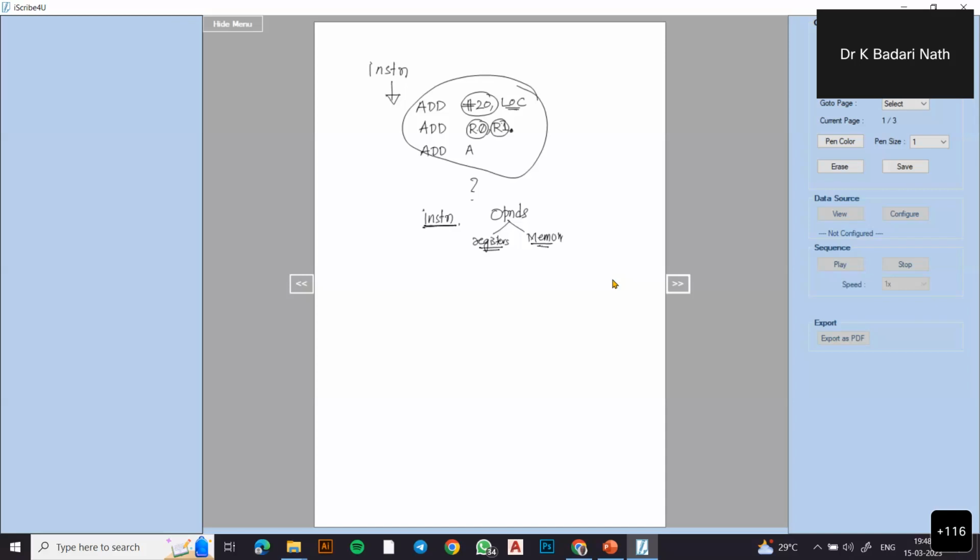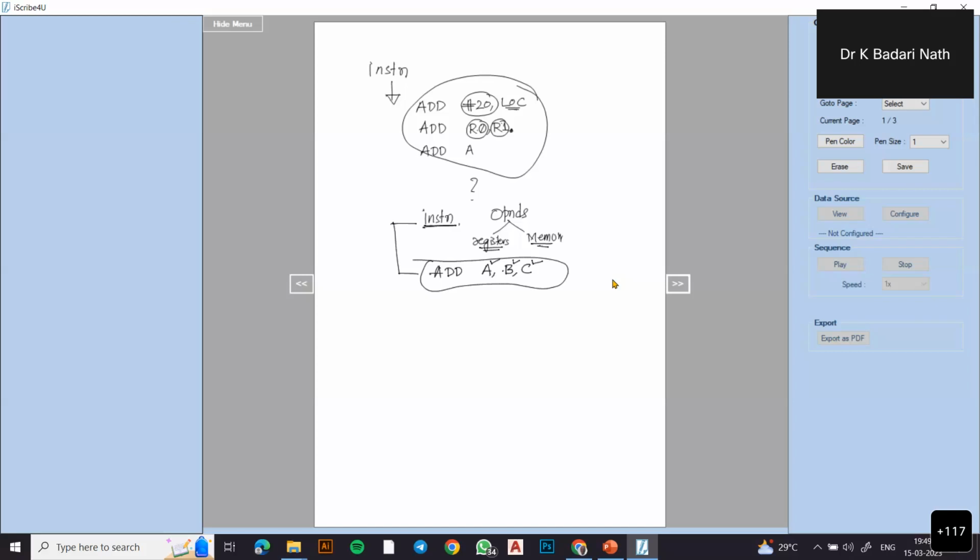Now, what is the challenge of specifying operands in the memory? Let us take an example of one instruction. Let's say add A, B and C. We will find out what the challenge is here. I want to add the contents of these 2 locations A, B and store the answer into the C location.